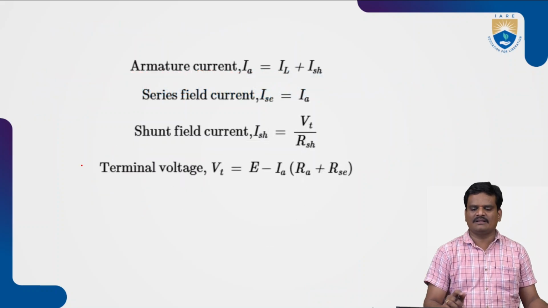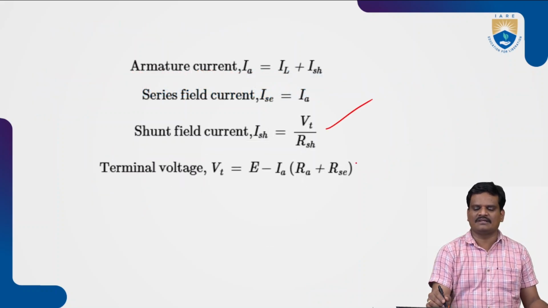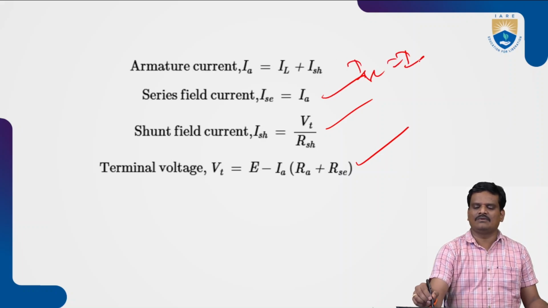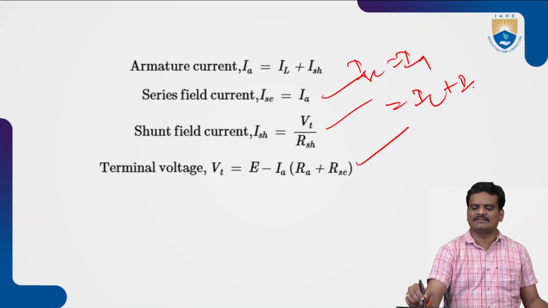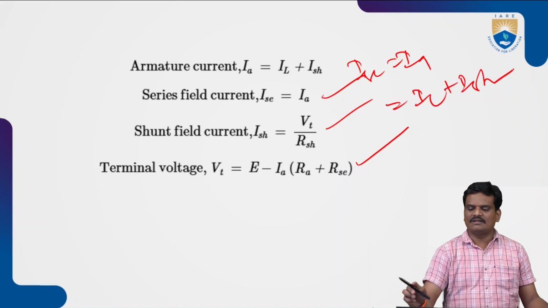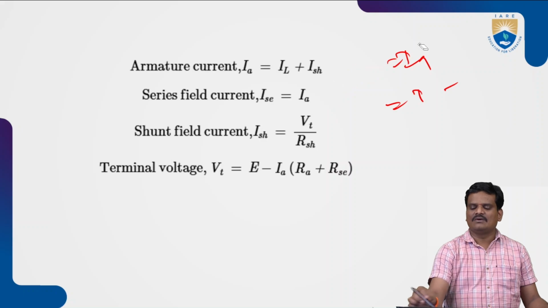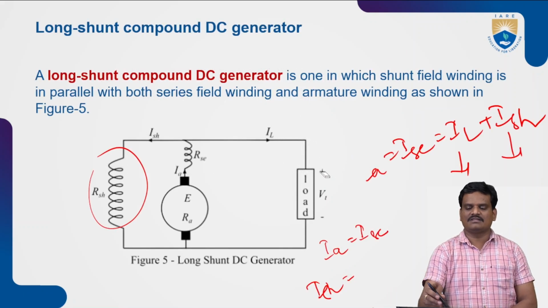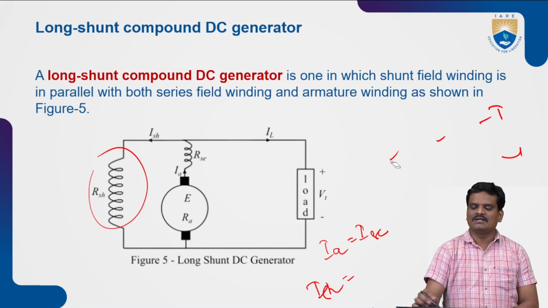You can see the mathematical expression involved in it. ISC will be equal to IA, it can also be written as ISC equal to IA equal to IL plus ISH. So these are the different mathematical expressions which are involved in explaining the connection diagram of this particular long shunt DC compound generator or short shunt DC compound generator.